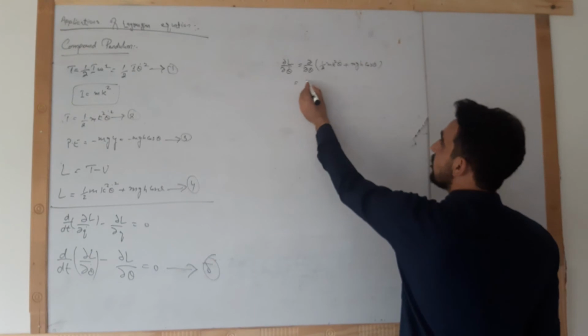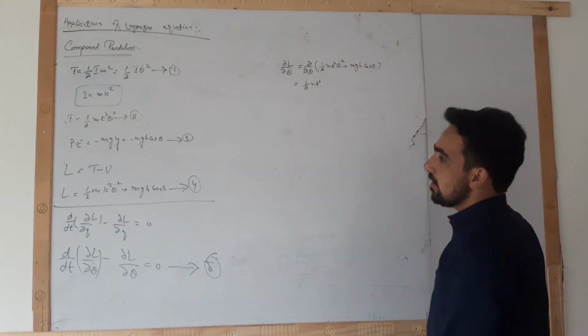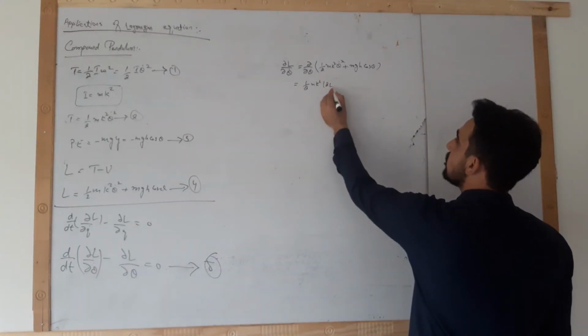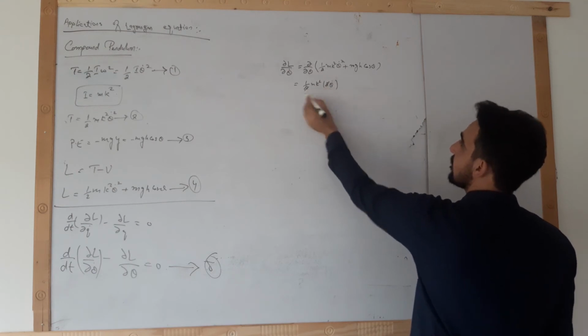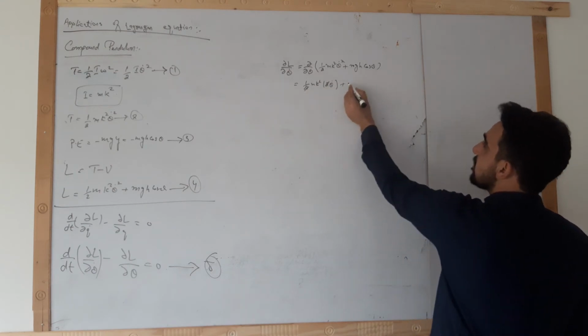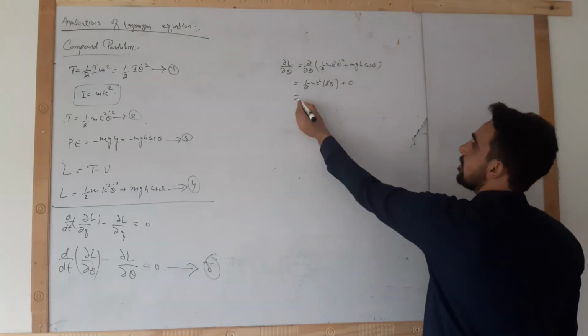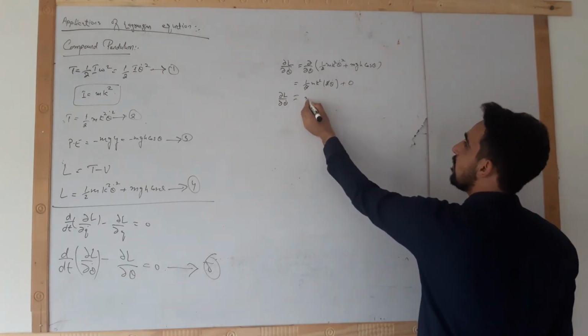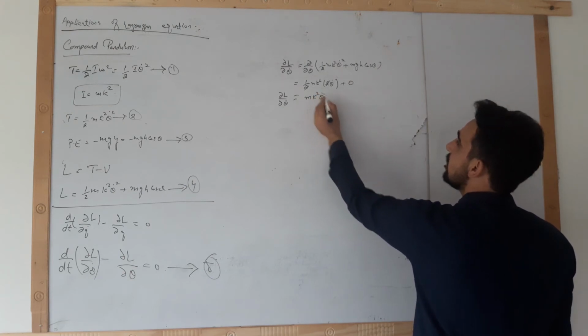This equals 1 by 2 m k square times the derivative of theta dot square, which is 2 theta dot, plus this term becomes 0, and we have partial L by partial theta dot equal to m k square theta dot.